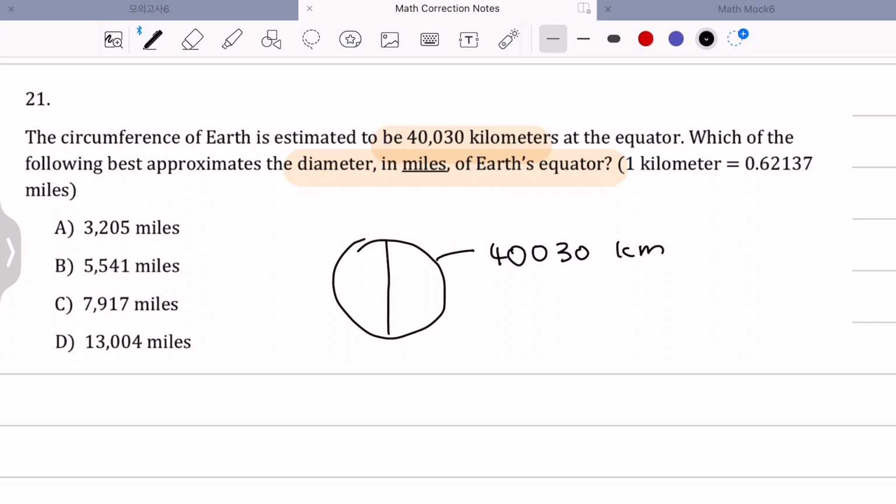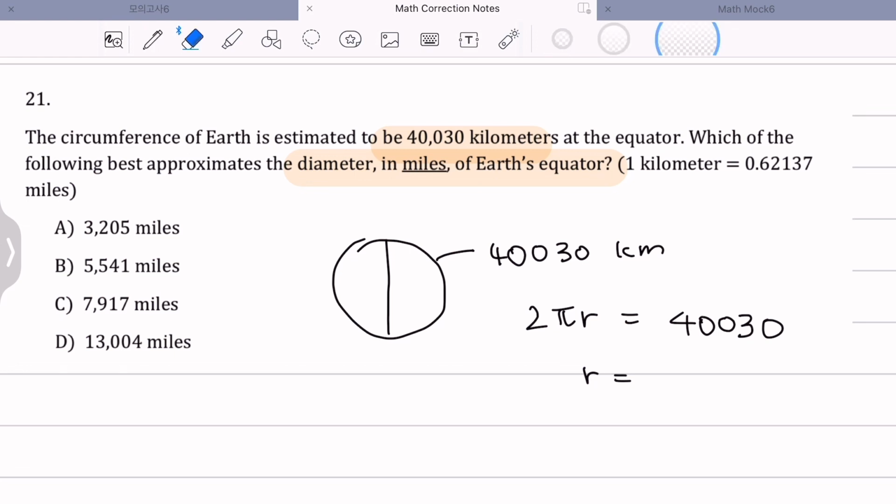So circumference is 2 pi r. When you solve this equation with the calculator, it would be 40,030 over 2 pi.